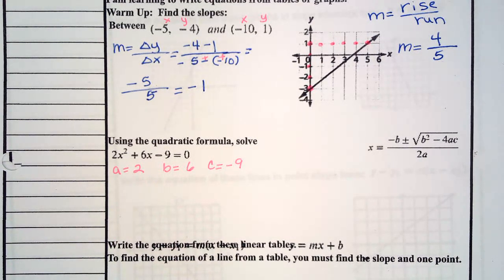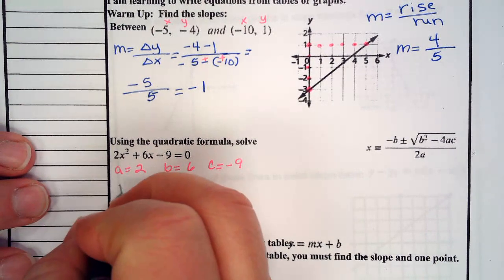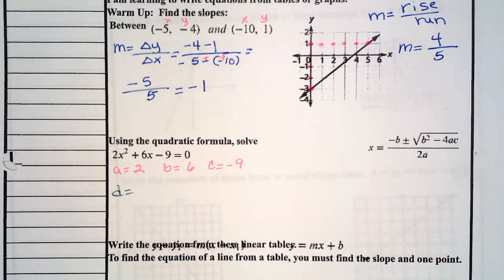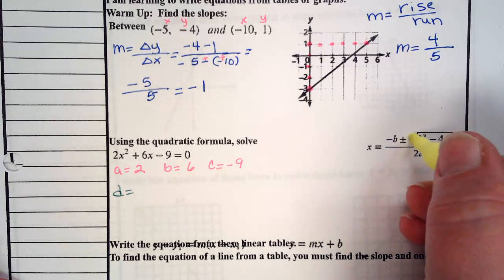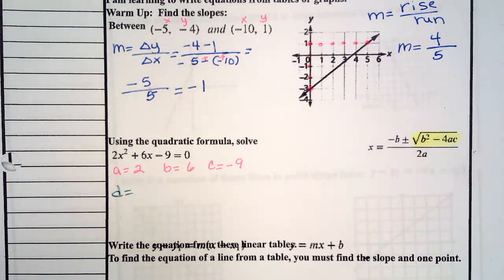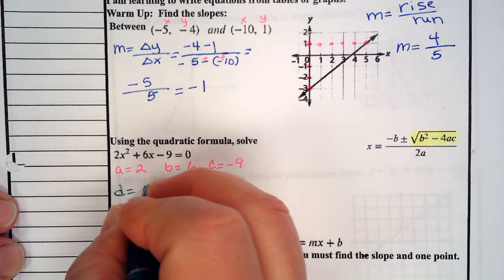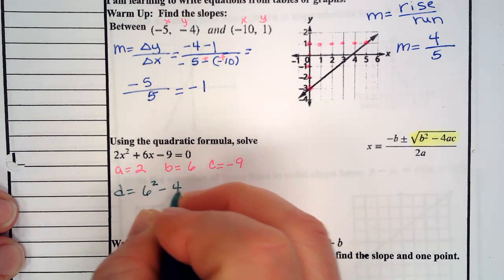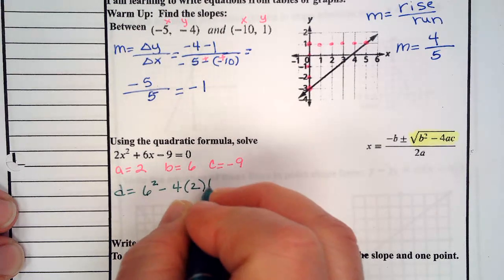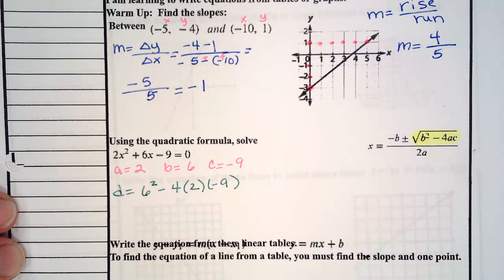Now we find our discriminant. That is B squared minus 4AC. So it's 6 squared minus 4 times 2 times -9.